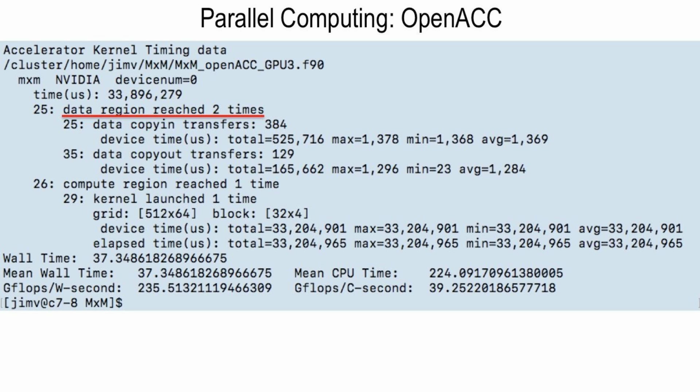The accelerator kernel time indicates that the data region was accessed twice, corresponding to the directives we specified for data transfer. The duration for the data transfer remains consistent at 526 milliseconds and 166 milliseconds, as observed previously. The wall time for this test matches that of the previous one at about 37 seconds.